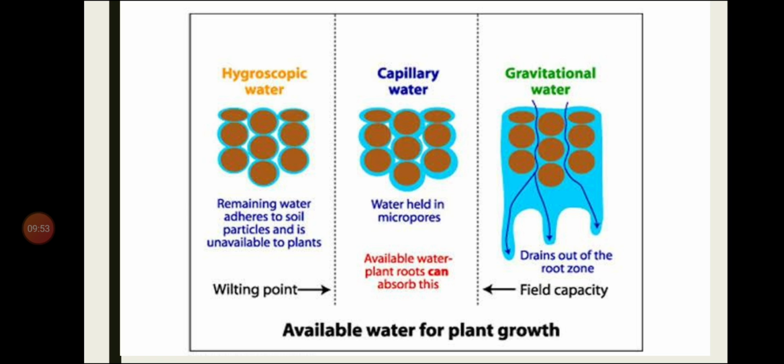The remaining part of the chapter, from 6.4 onwards, that is absorption of water by roots from the soil, then 6.5, 6.6, 6.7, 6.8, 6.9, 6.10, 6.11, 6.12 and 6.13, till the end of the chapter, is omitted.